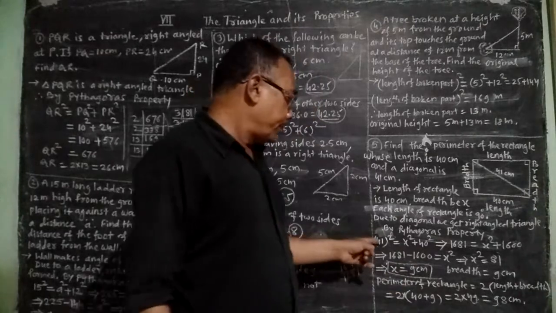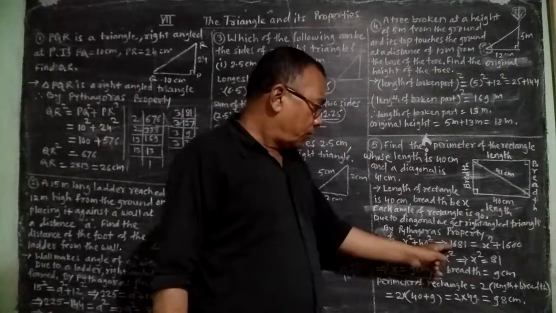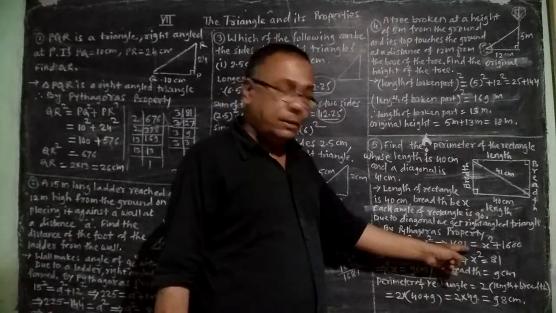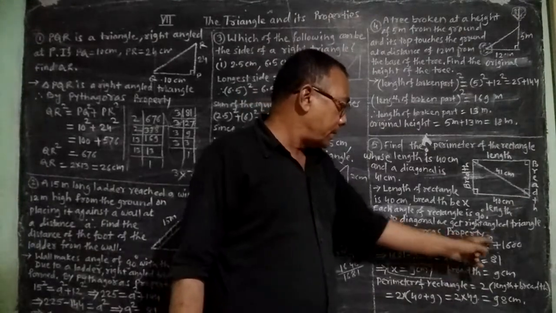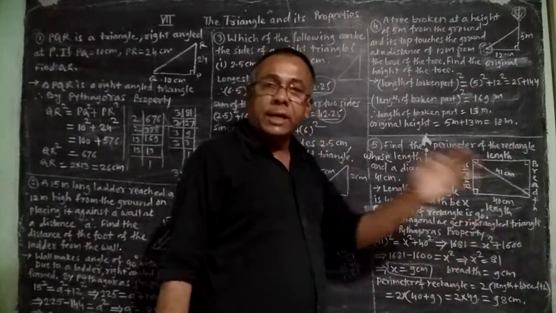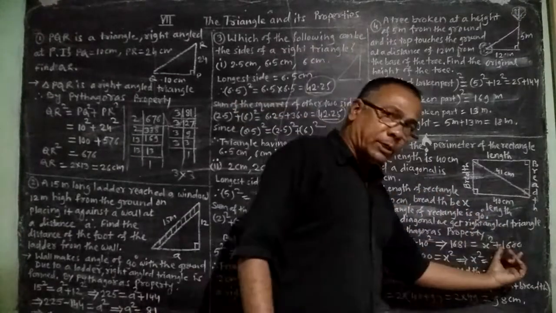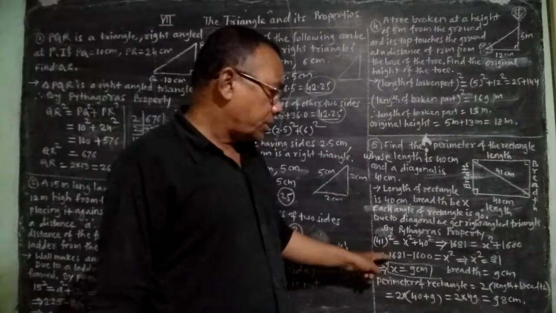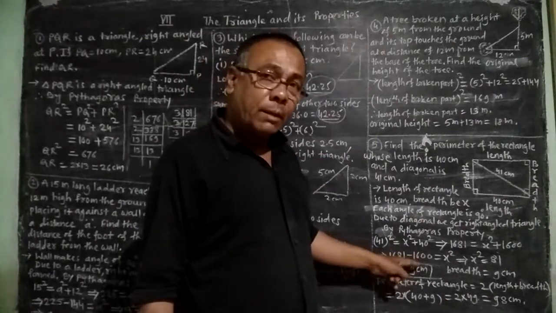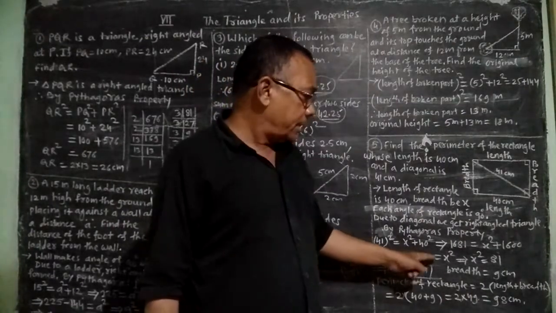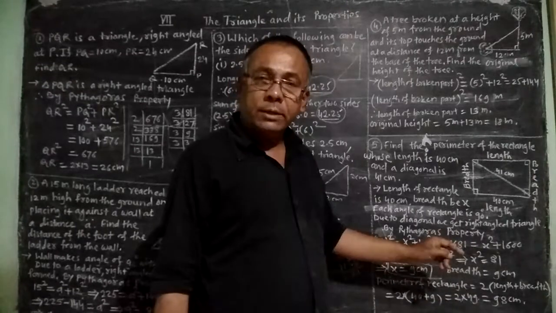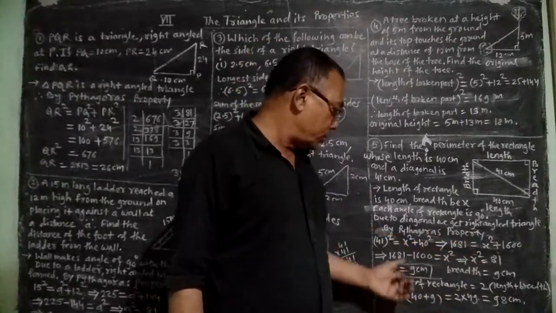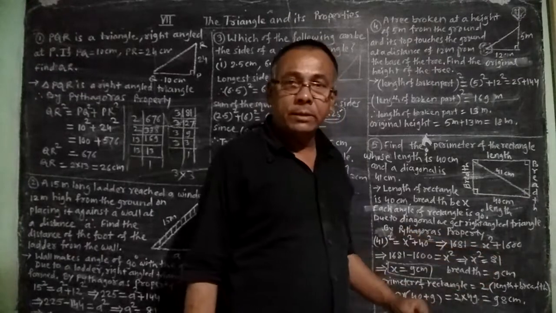Now square of 41 is 1681. So that is equal to x square plus square of 40, which is 1600. If we take 1600 to the left side, then it will become minus. So 1681 minus 1600 is equal to x square, and therefore x square is equal to 81.